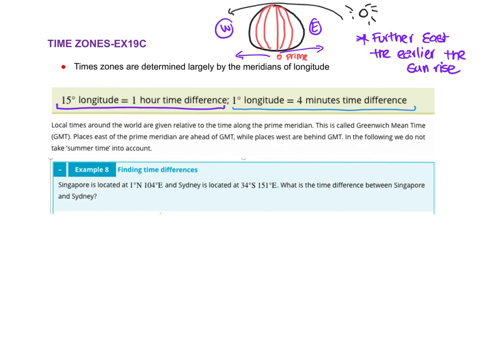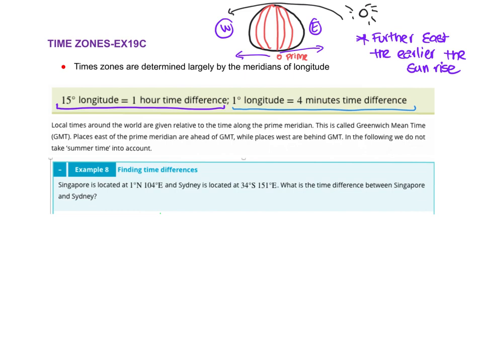So if you're east, you're ahead of time, and places west are behind, further behind the east countries anyway. For the following questions we're keeping it really simple. Of course there are other factors, like summer and longer days, but we're not taking summertime into account.